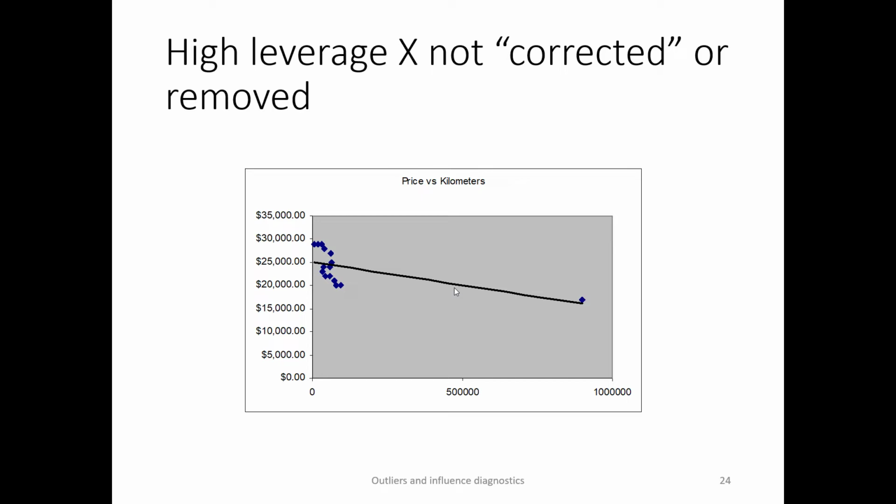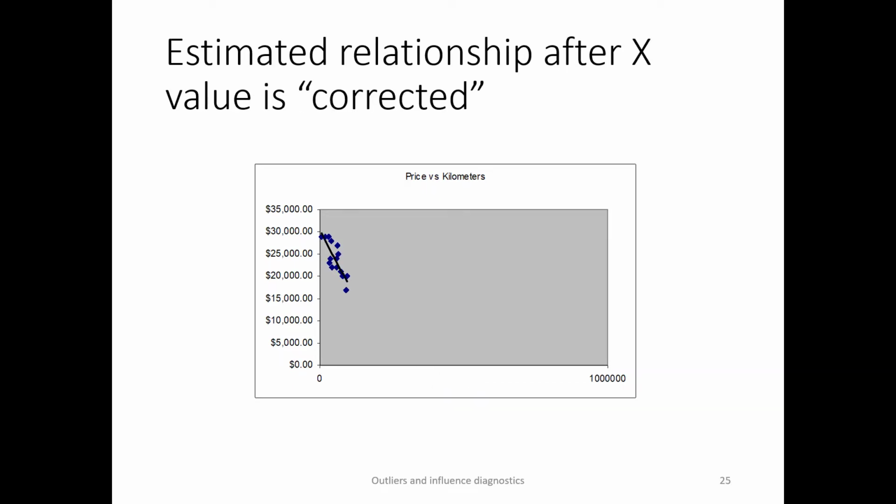I wouldn't be comfortable making a whole bunch of inferences on this because this is a pretty ugly line, right? If it's so-called corrected, perhaps it was a mistake, or perhaps it was an observation that didn't belong with the rest of this data set. You know, it was measuring something else. Right? And when we look at the second line, we can see that second line is a little bit more indicative of the relationship that the data is indicating.